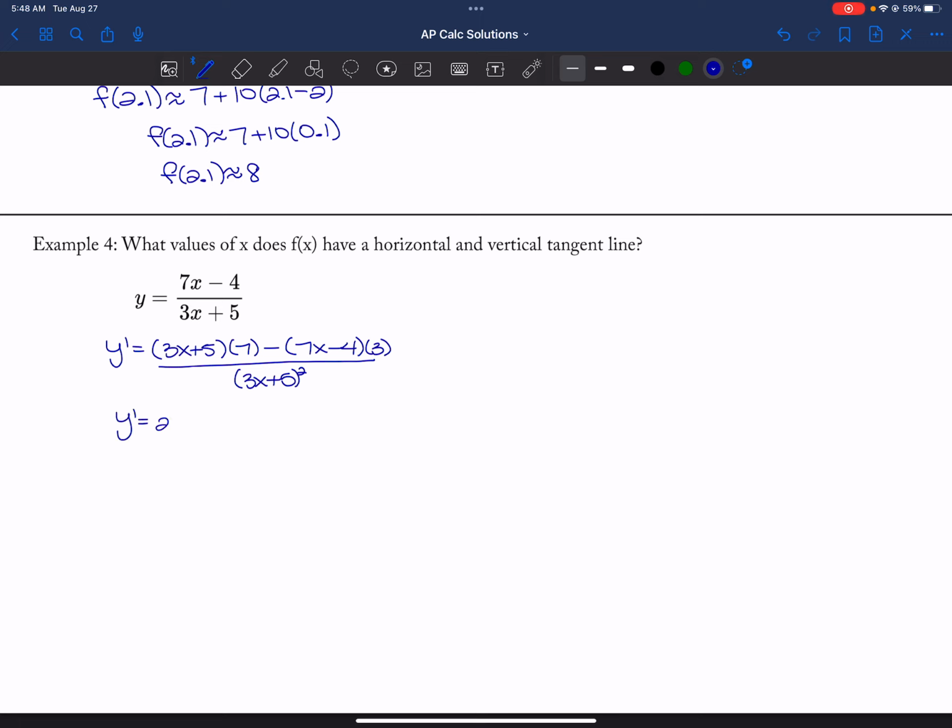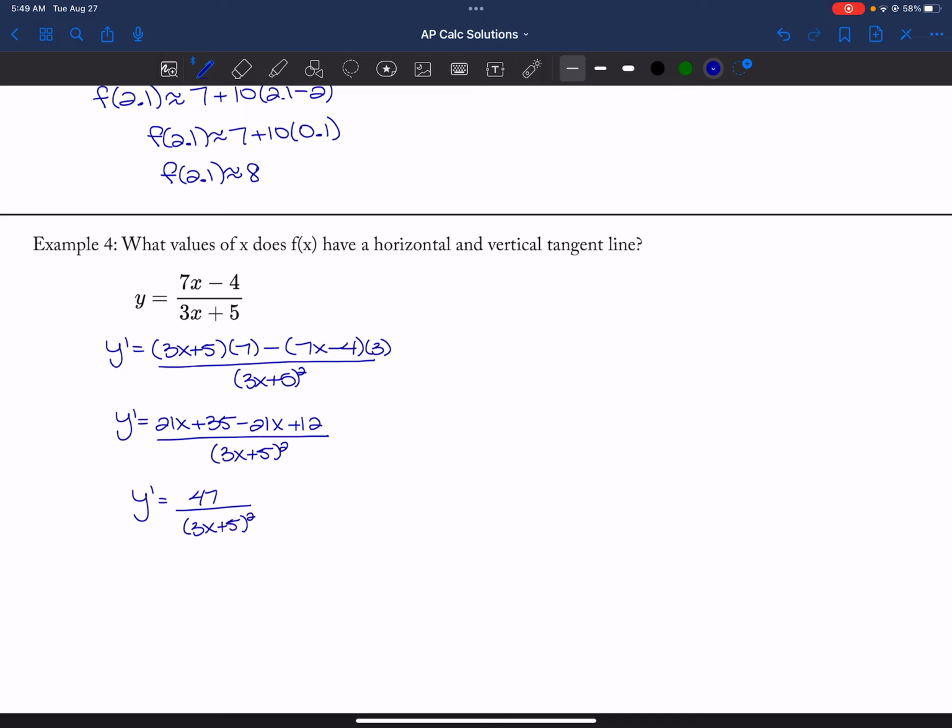So 21x plus 35 minus 21x plus 12, all divided by 3x plus 5, the quantity squared. So I get y prime is equal to 47 over 3x plus 5, the quantity squared.